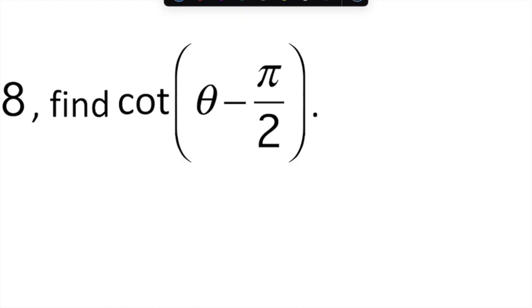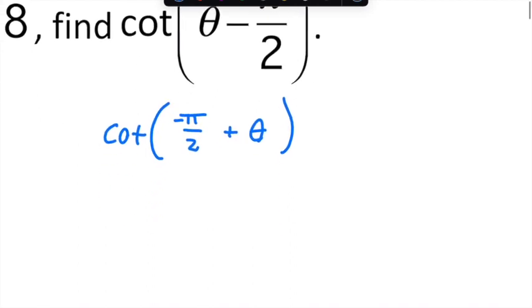So we need it to look like cotangent of pi over 2 minus theta. To manipulate it, what you can do is actually swap the order, but keeping the signs with the same things. It's negative pi over 2, and then it's also theta. We just swap the order.